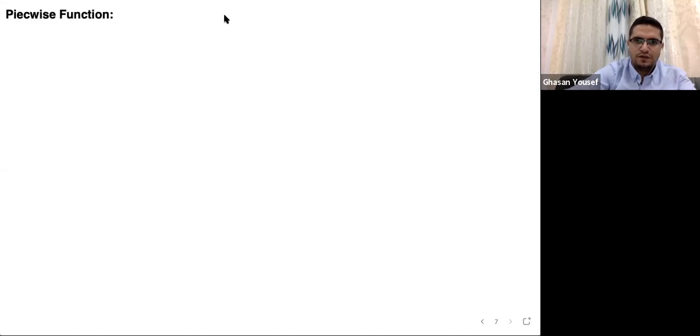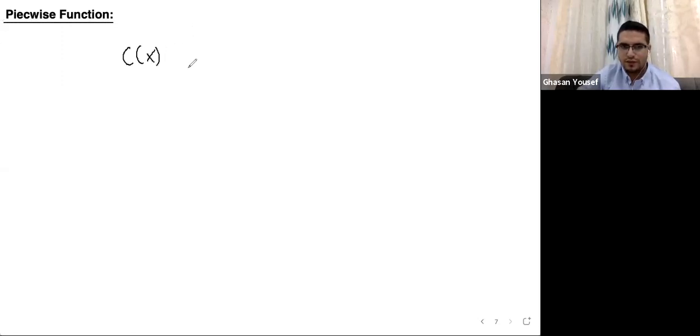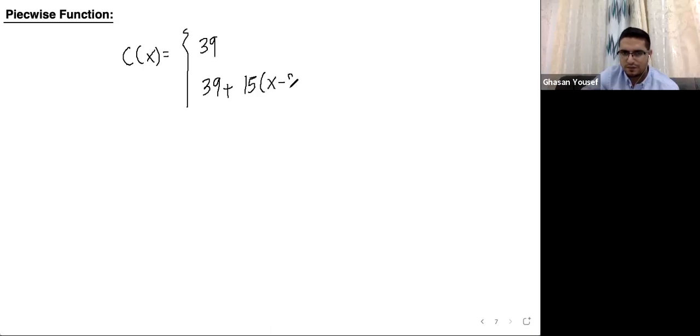So the piecewise function is a function that's made from two rules like this. If I have the function, for example, c of x equal 39 and also equal 39 plus 15 times x minus 2.